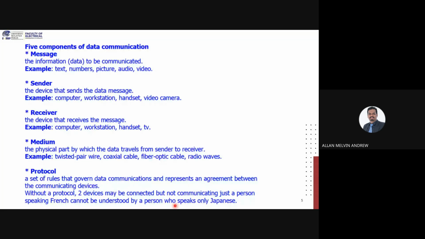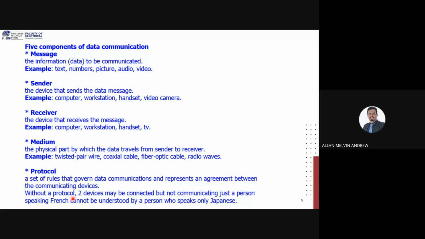So this protocol will ensure communication. Maybe before person one meets person two, there will be a protocol saying that you cannot speak in your native language, not French or Japanese. You need to speak in English. That is a protocol which gives direction to the communication.